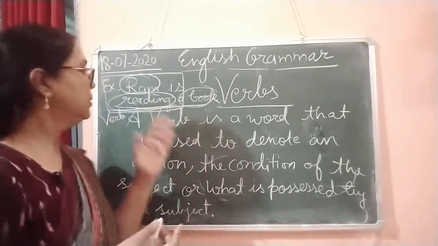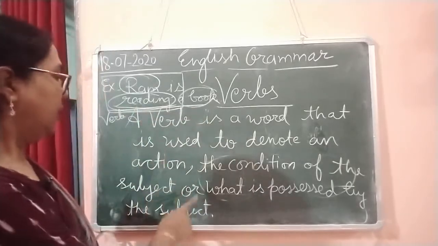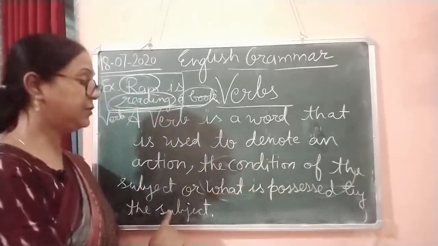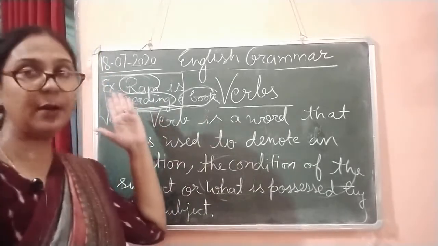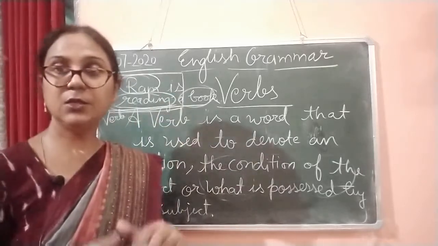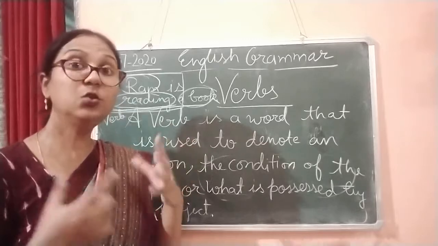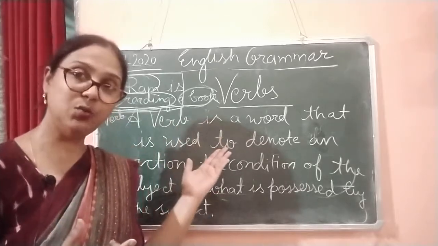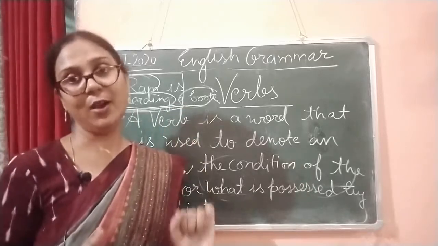So reading is a verb. Ram is a subject and he is reading a book. He is doing something. So what the subject is doing is shown by the word, and that word is called a verb.